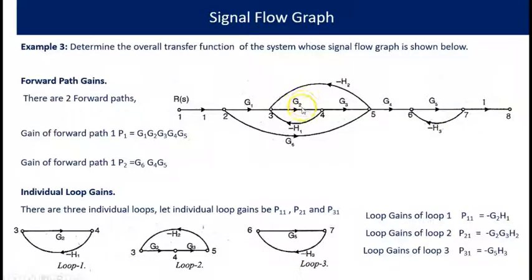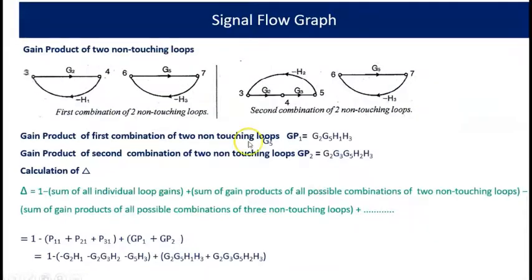These 2 loops are non-touching, and these 2 loops are non-touching. The gain product of G2 minus H1 and G5 minus H3 is G2 G5 H1 H3. The second combination of 2 non-touching loops is G3 minus H2 and G5 minus H3, and this will be the gain product of this pair.